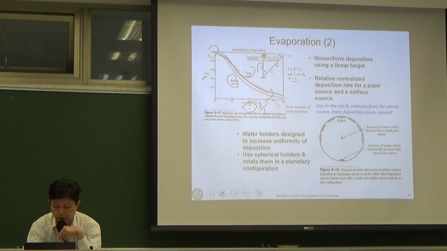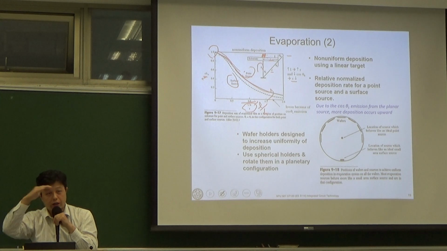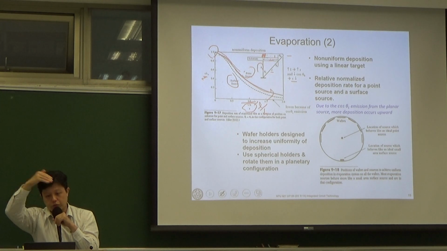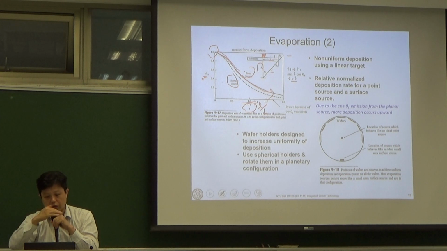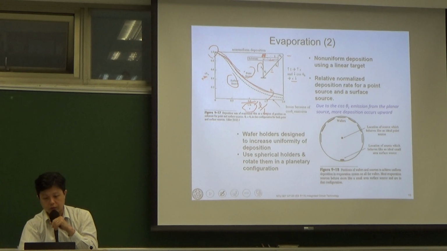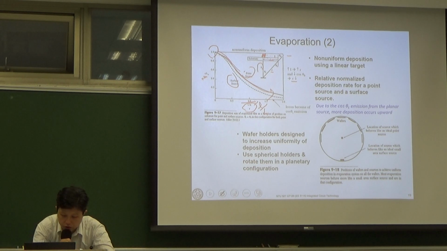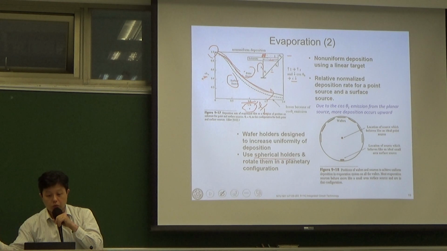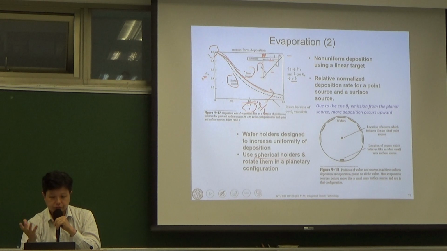Okay, so like the figure shows here, we have to redesign these holders so you put the wafers on them, and you can get a very uniform film across the wafers. So we can use this kind of spherical holder, and we can do the rotations.